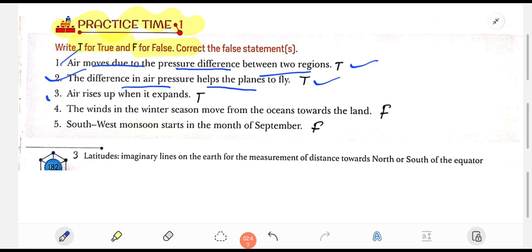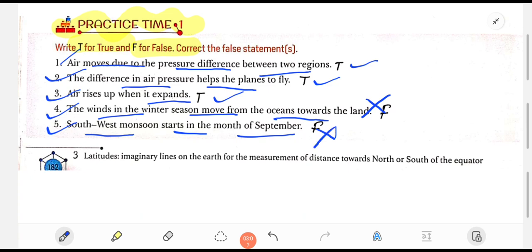This is true. Then third, air rises up when it expands. This is also true. Then next is, the wind in the winter season move from the ocean towards the land. It is false. Fifth is, southwest monsoons start in the month of September. It is false.